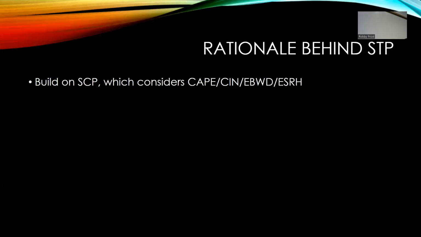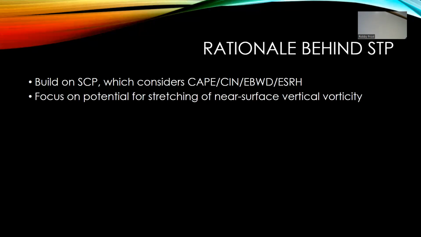The sigtor parameter is the same thing. It builds off of the supercell composite, except we focus more on low-level shear because that corresponds pretty directly with the strength of the low-level updraft. And can you amplify vertical vorticity wherever it comes from?